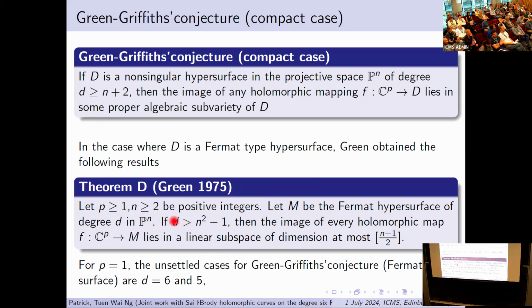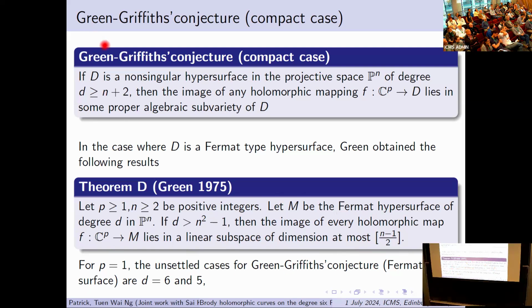And if you assume the degree is greater than n squared minus 1, then the image of each holomorphic map from C^p to M will lie in a linear subspace of dimension at most (n minus 1) over 2, take the integer part.